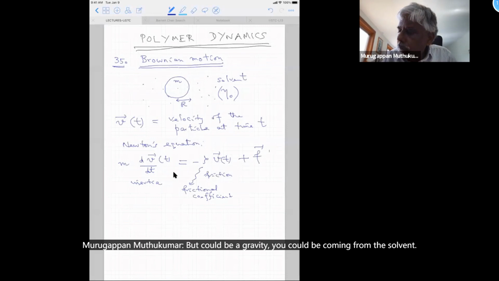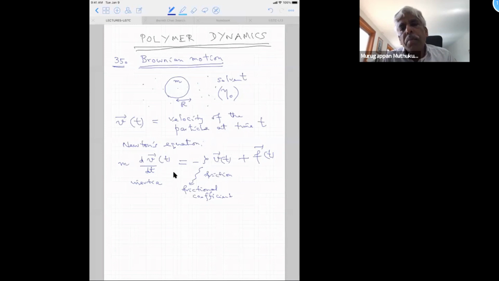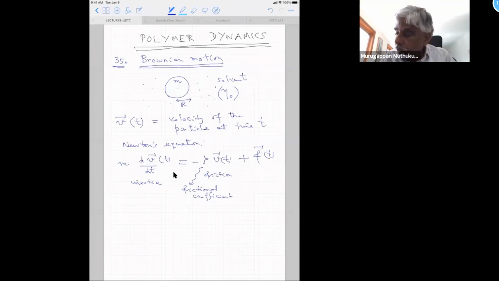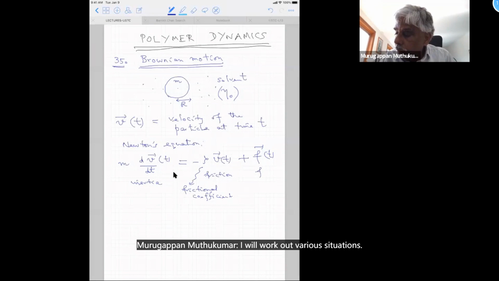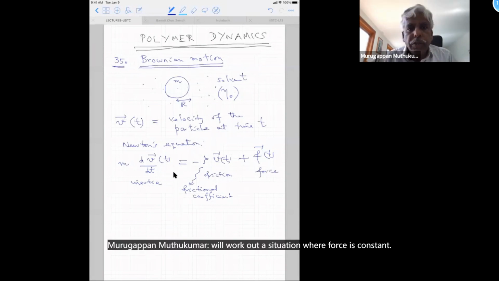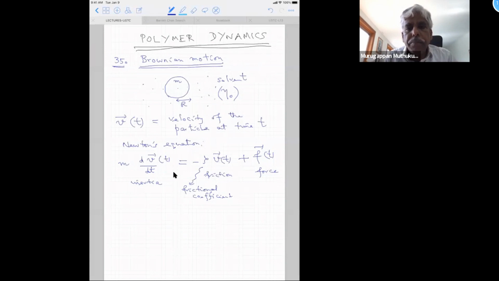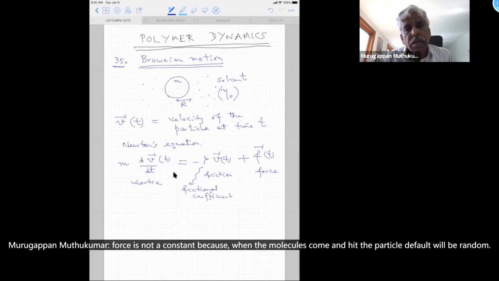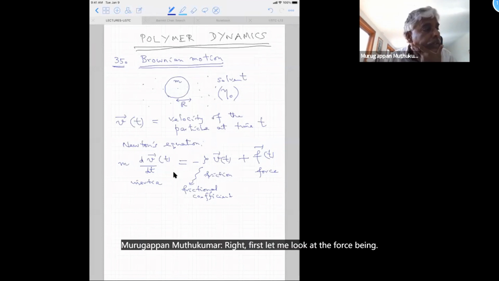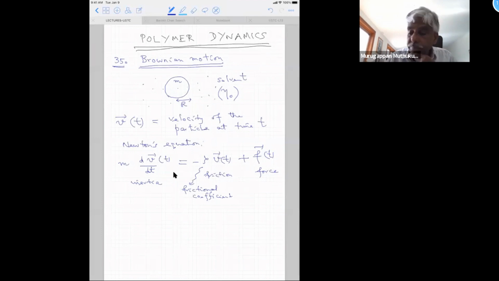There could be gravity, it could be coming from the solvent bombarding the surface of this particle. It could be anything. And we'll work out various situations. We'll work out a situation where force is constant. Force is not constant because when the molecules come and hit the particle, the force would be random.